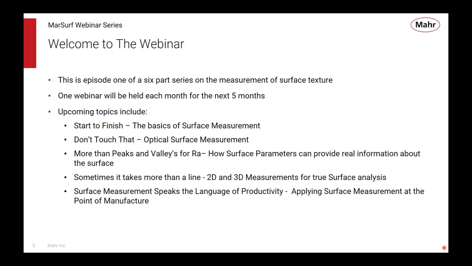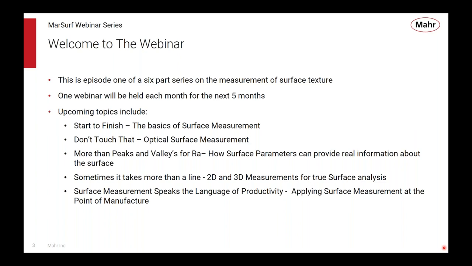So in the first one we'll talk about the fundamental way that most people measure surface finish and the fundamental parameters they're getting from those measurements. And then we'll go on to talk about optical surface measurement. It's a great topic, a great newish technology. It has some pros and cons, and offers some abilities that you don't have with more traditional stylus-based instruments.